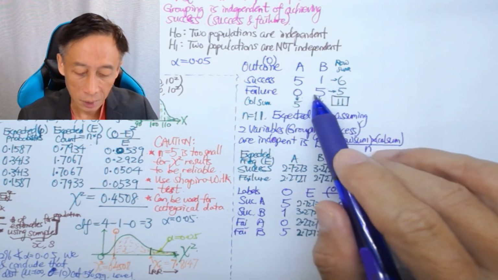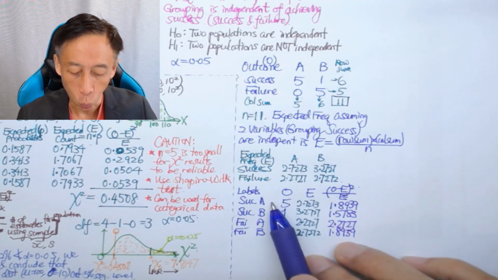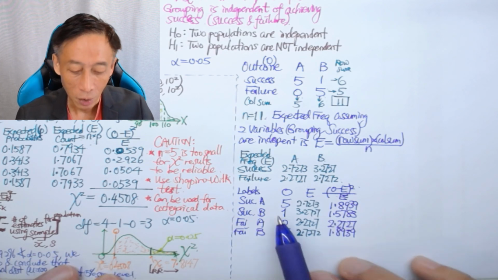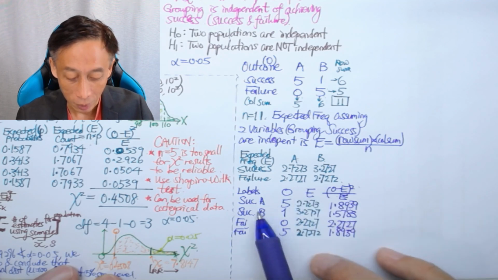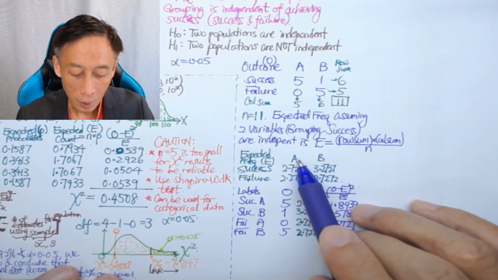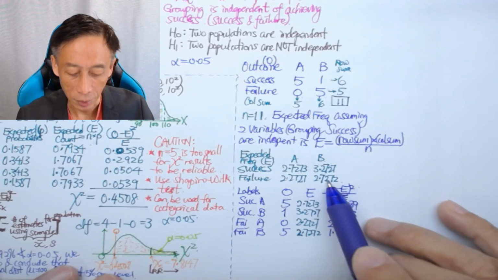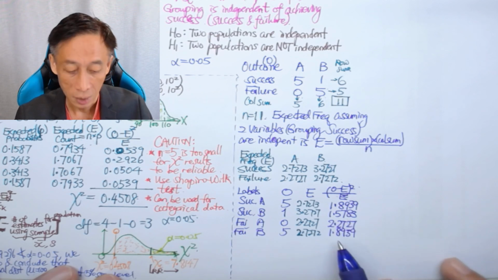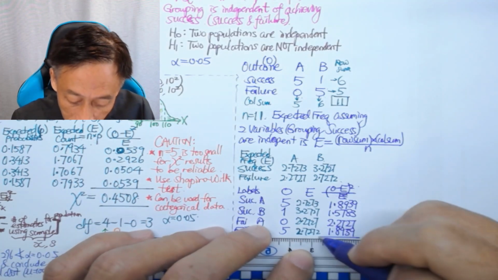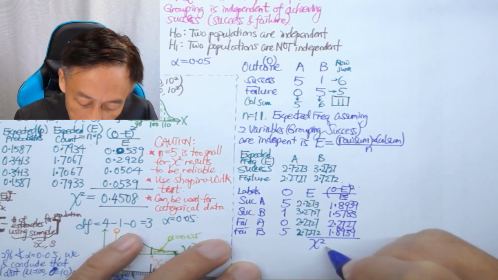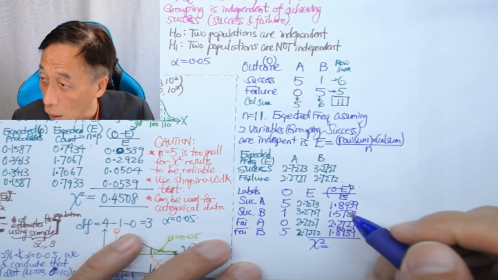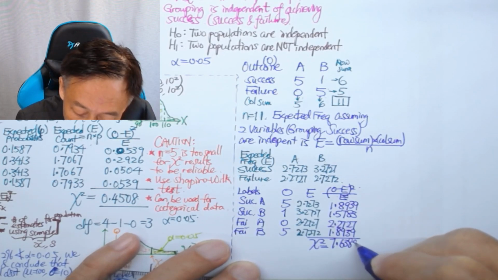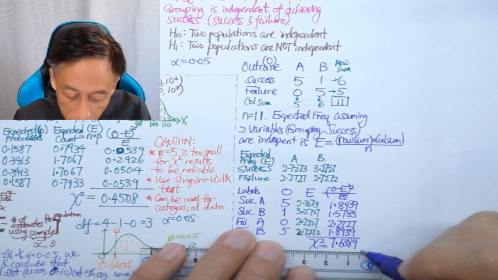So we linearize the two-dimensional histogram into one serial form. It really doesn't matter whether you say success AB, failure AB, like what we have done, or A success failure, B success failure. You can swap them, because what we care about is the total sum. So not surprisingly, chi-square is equal to the sum of all four values, 7.6389, and that would be our test statistic.